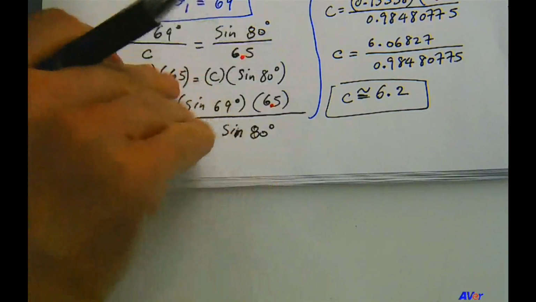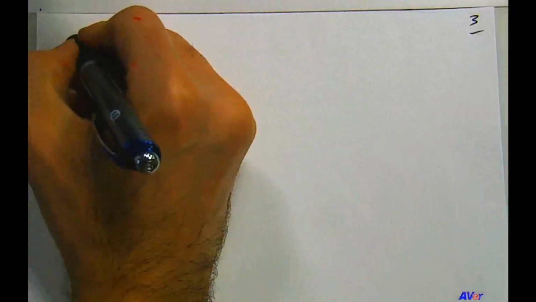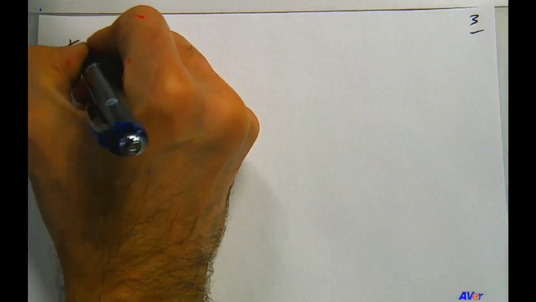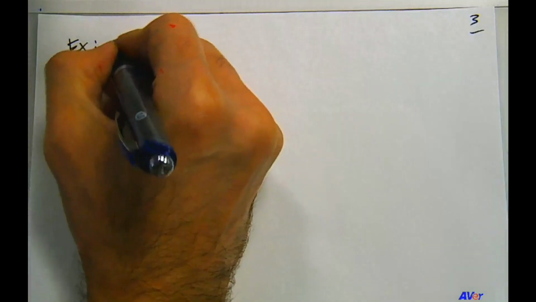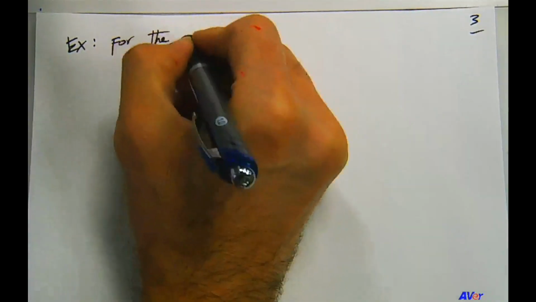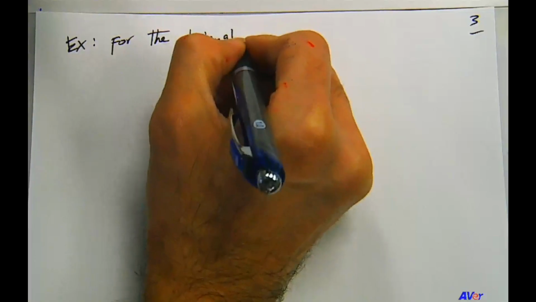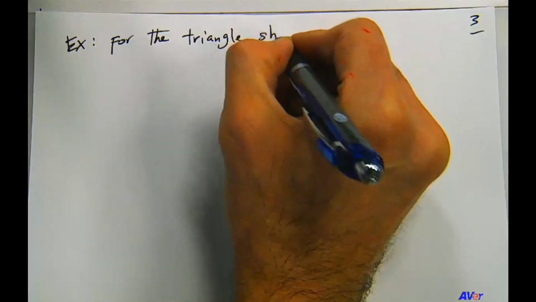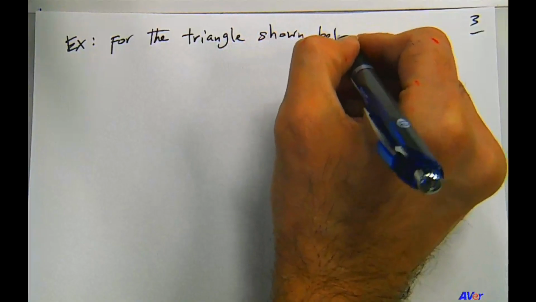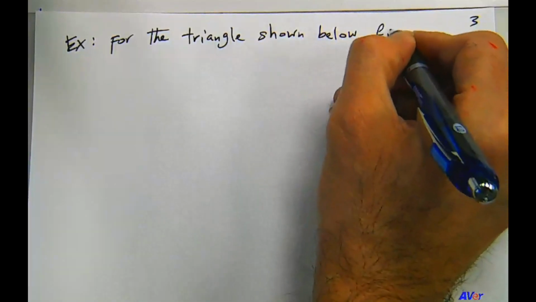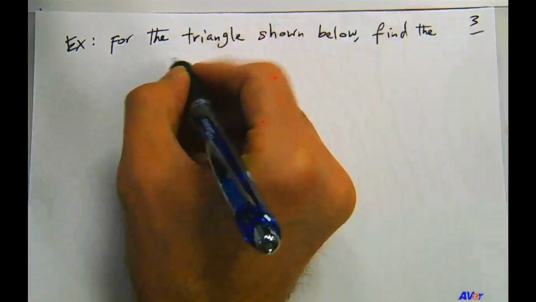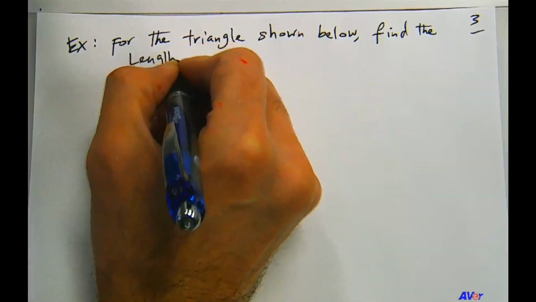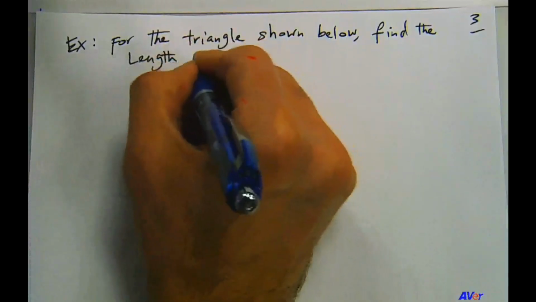Okay, so let's do another example. So for the triangle shown below, find the length AD.